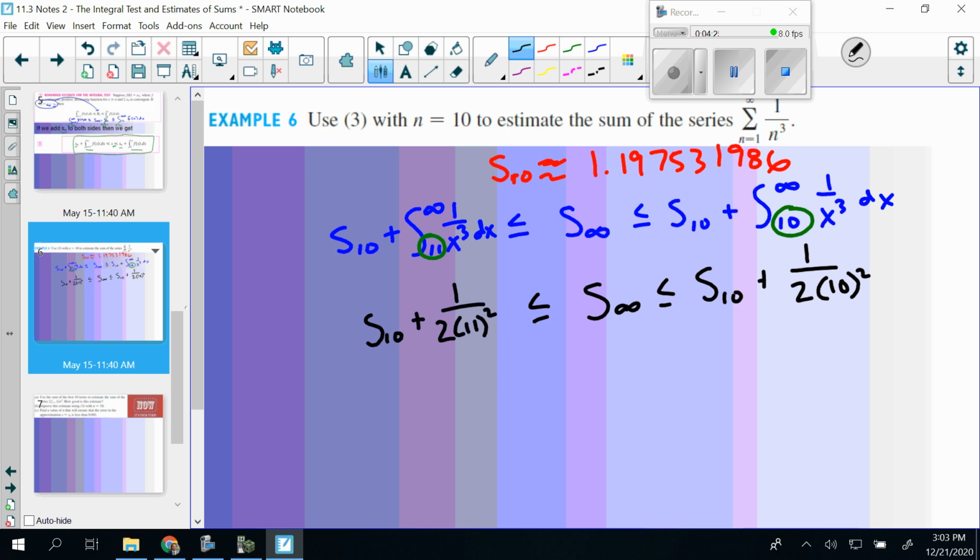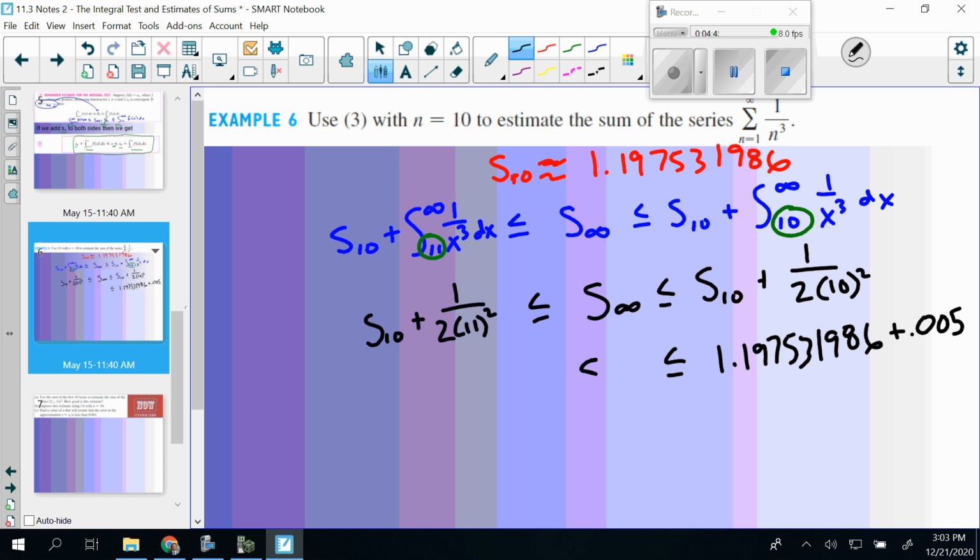All right, let's keep simplifying. Now we know our values here, so we can put these in. Our S value is 1.19, and if we do this one on our calculator, we've done that one already, it comes out to be 0.005.